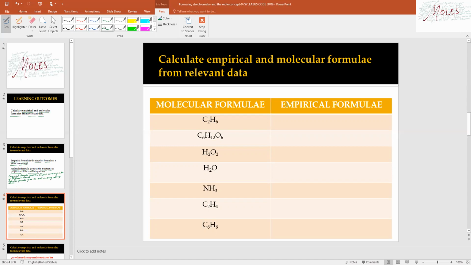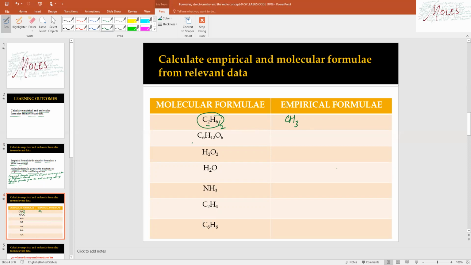For the first one, the empirical formula would be CH3, as 2 is the smallest number. So 2 divided by 2, we will get 1. 6 divided by 2, we will get 3. So we will divide 2 and 6 by 2 to get CH3.